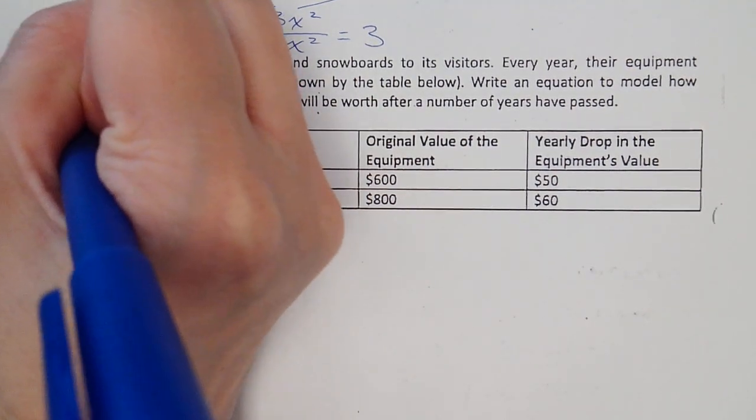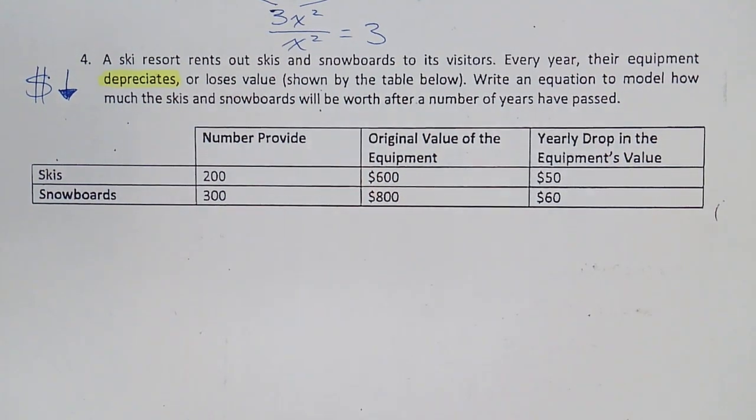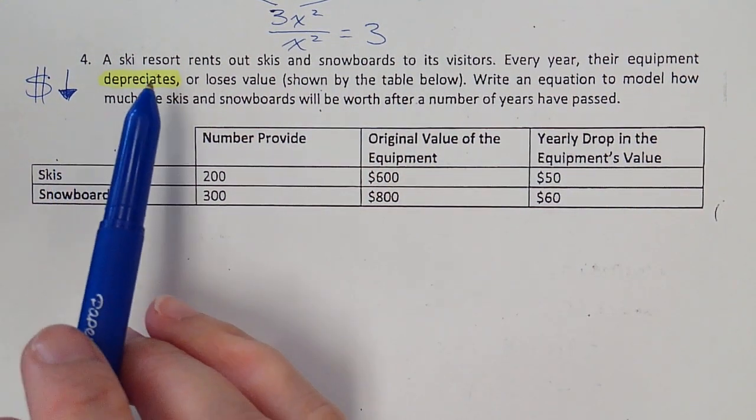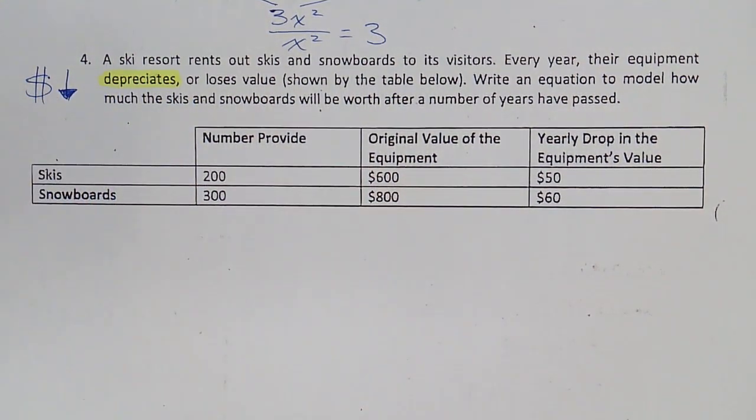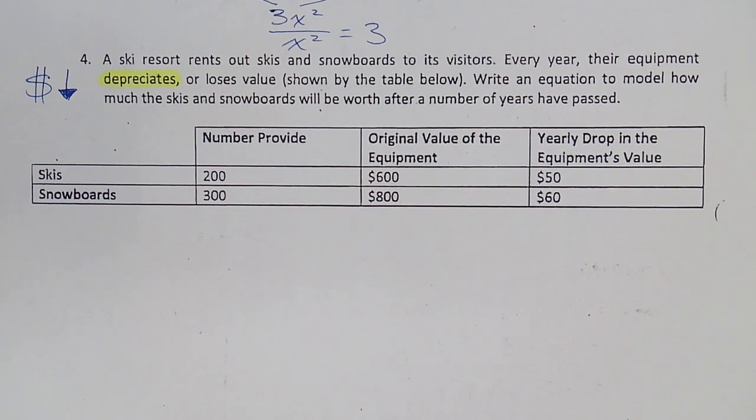So keep that in mind. Depreciation means the value of it goes down. We will talk more about this term, especially in the finance unit. So value of something going down. So in this case, the ski resort, right, Nora? Yeah, so the skis and the snowboards, they lose value.